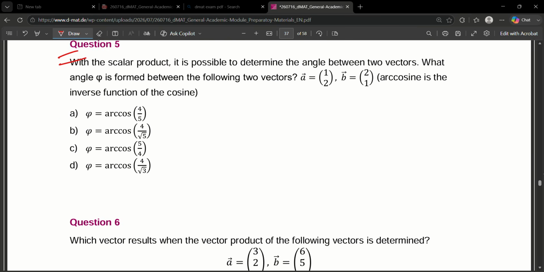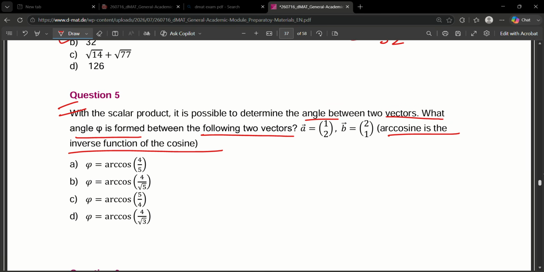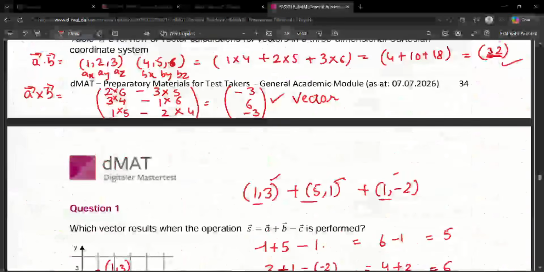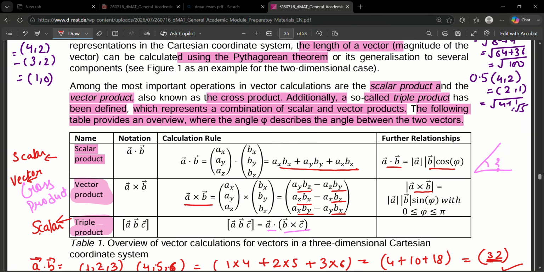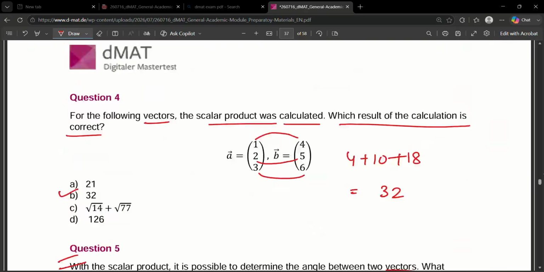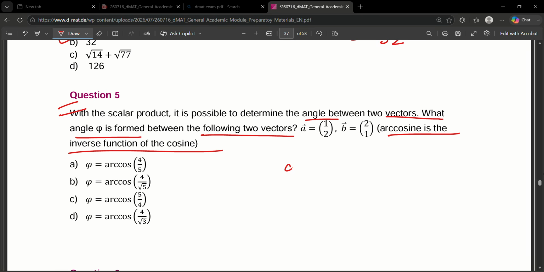Question number 5. With the scalar product, it is possible to determine the angle between two vectors. What angle is formed between the following vectors? Arc cosine is the inverse function of the cosine. They have already given you this table from where you have to find. Dot product is equal to this. We are going to write it from the table here.